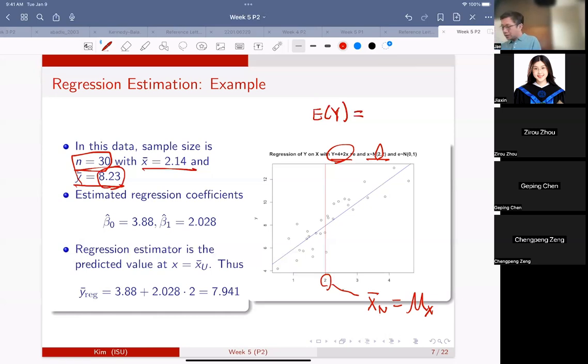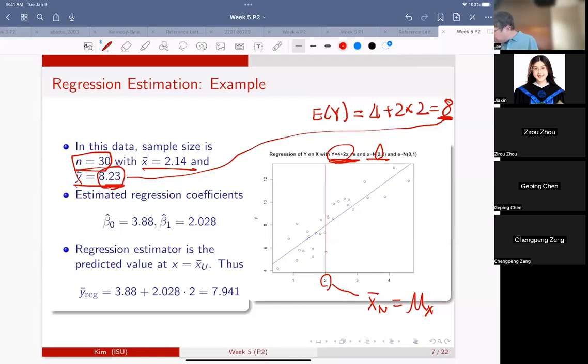It is 4 plus 2 times 2, so that is 8. Because I use this regression model, I know the true parameters, so I can compute the true mean, which is 8. So you can see the discrepancy: the truth is 8, but I get 8.23, which contains a sampling error.